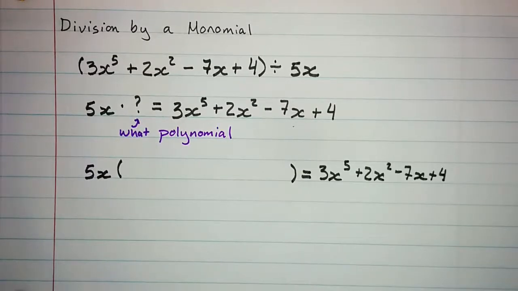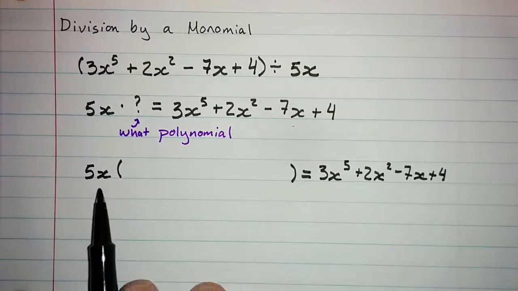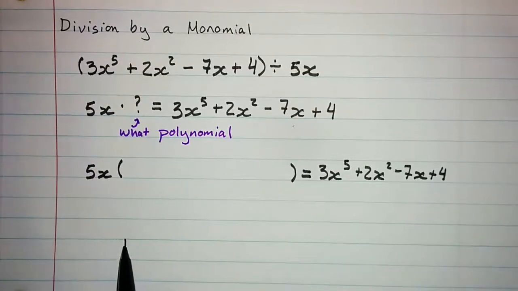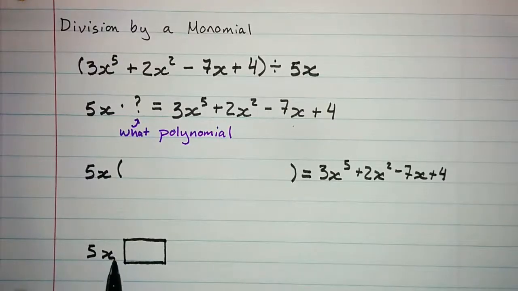We haven't really talked about using the area method to multiply by monomials, but there's no reason that we shouldn't. We'll be multiplying by 5x. We'll multiply 5x by our first term, and we'll get 3x to the fifth. What would we need to multiply 5x by to get 3x to the fifth?